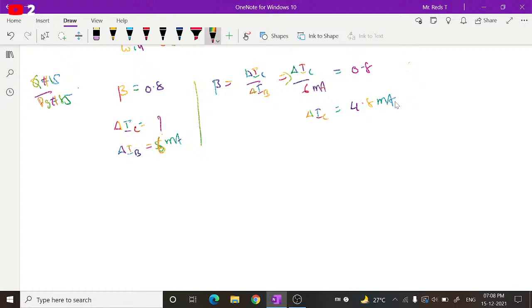The change in collector current when the base current changes by 6 milliampere. The transistor is connected in common emitter configuration. For a transistor, the current amplification factor is 0.8. The answer is 24 milliampere.